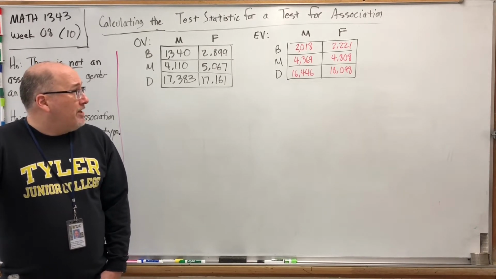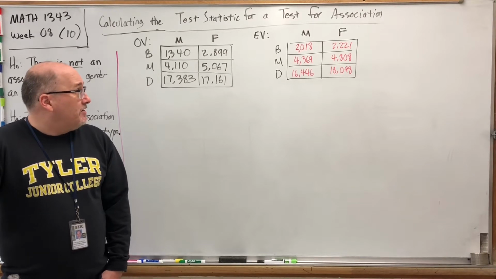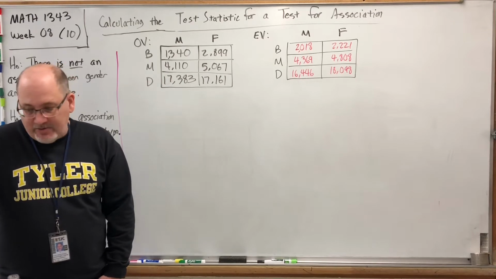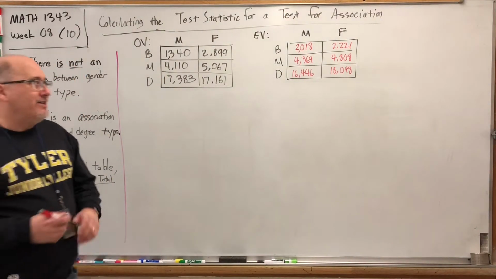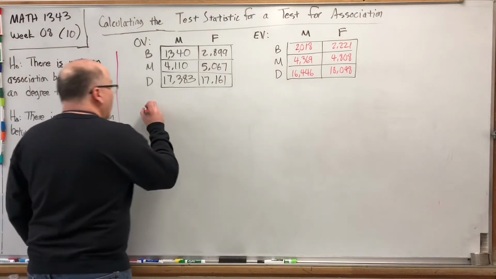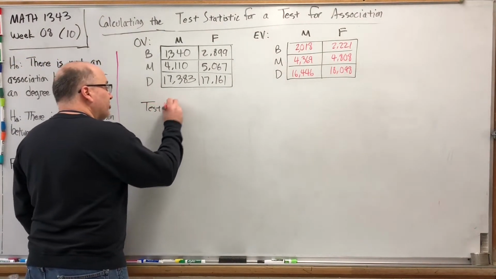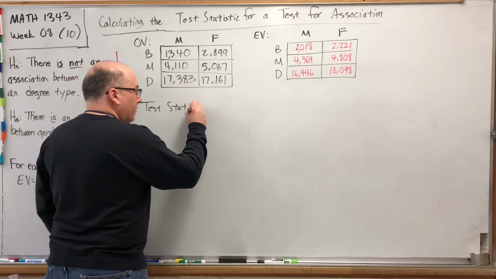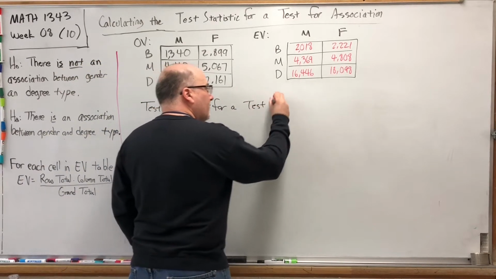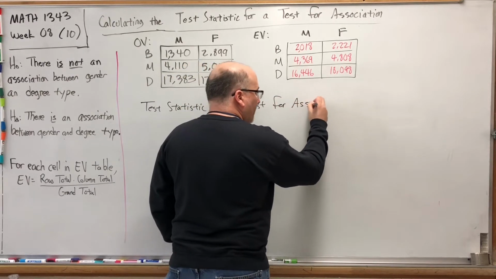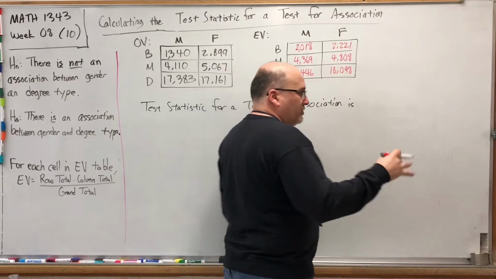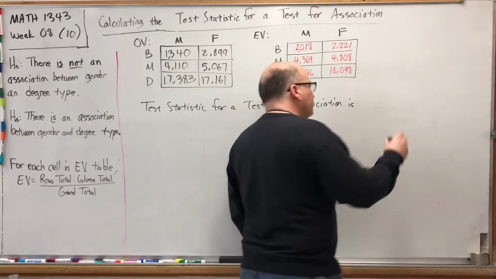So how are we going to calculate the test statistic that measures the difference between the observed values and the expected values? The answer is in a formula that we've already seen. The formula for the test statistic for a test for association is, well, first off, this will be a chi-square distribution.